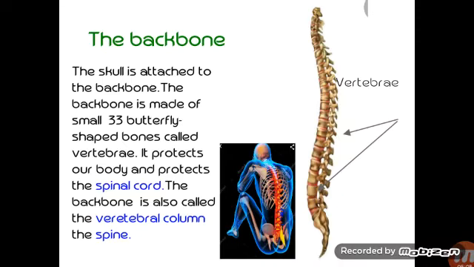The backbone is also called the vertebral column, or the spine. Clear? So how many butterfly-shaped bones are there? 33, and what are they called? Vertebrae. Understood? And what does it protect? It protects our spinal cord.